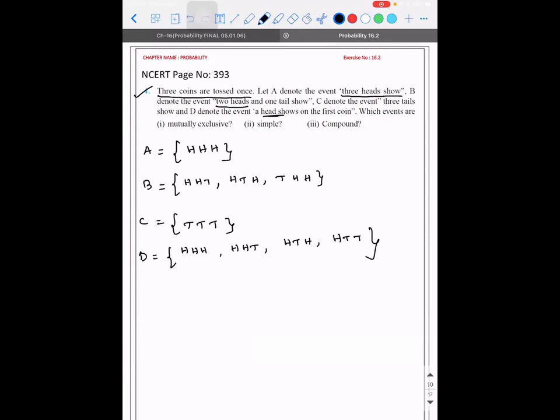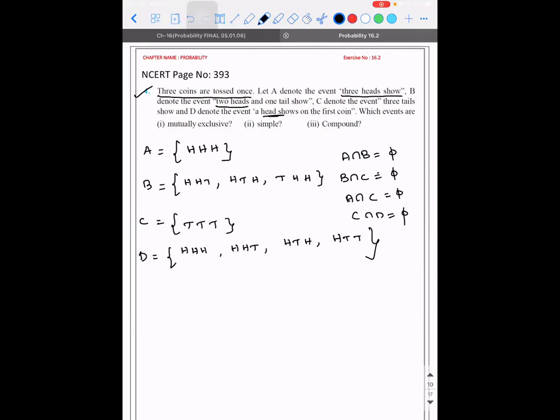Now, which of the events are mutually exclusive? A intersection B is a null set. B intersection C is a null set. A intersection C is a null set. C intersection D is a null set. B intersection D exists, no?